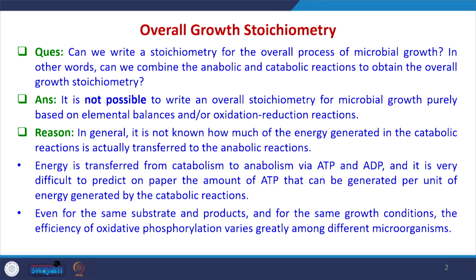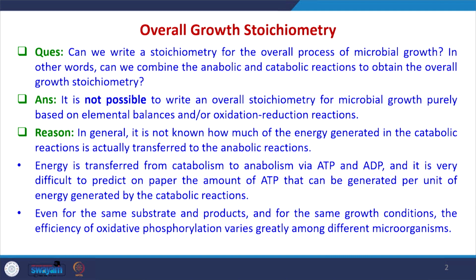The reason is that much of the energy which is generated in the catabolic reaction that we studied earlier, it is not possible to determine how much of that energy has actually been transferred to the system.